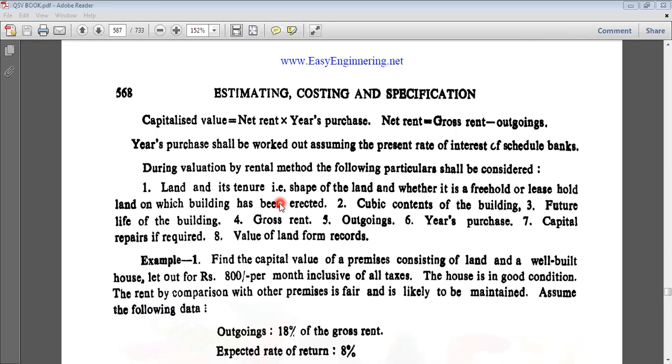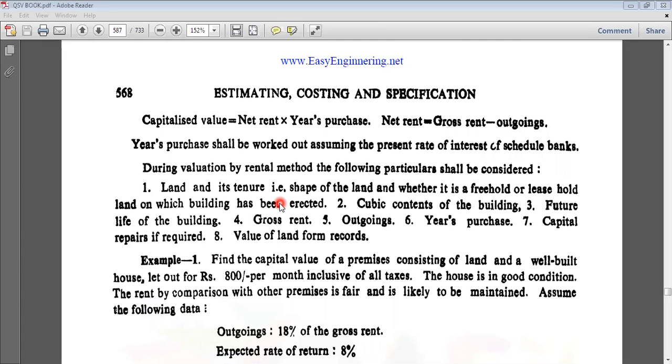Freehold property means the owner has all the rights. He is the main owner of that particular property, and leasehold land is land that has been given to another person, who is developing that land. So there is a difference between freehold and leasehold property.